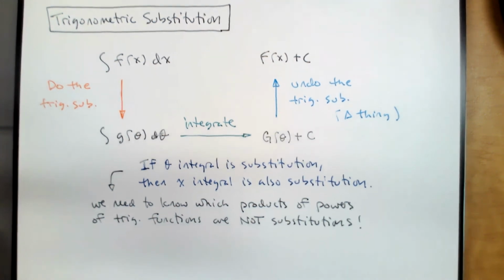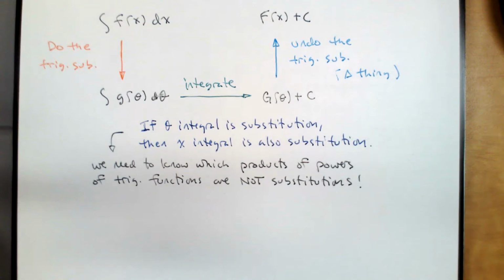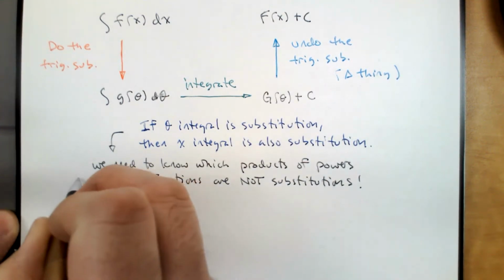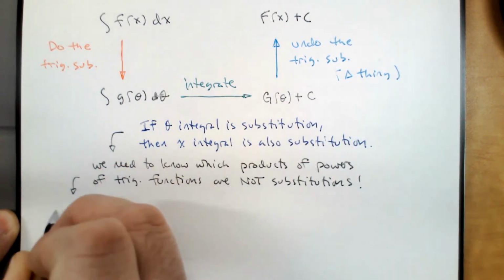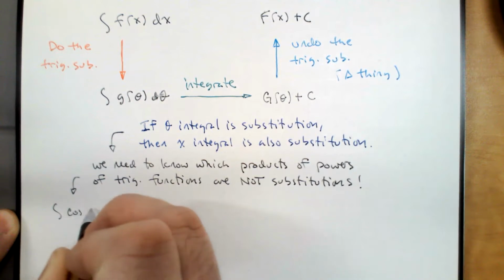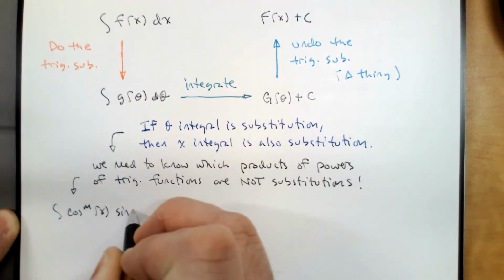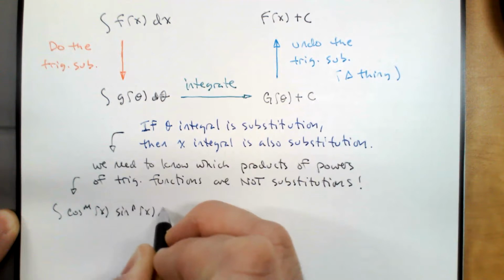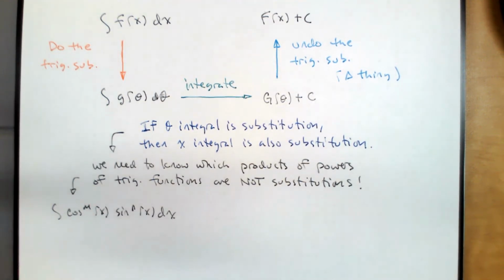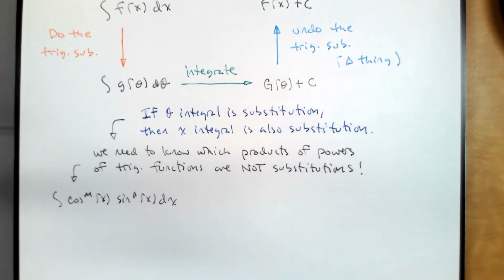To that end, we've already solved the sines and cosines. If m or n is odd, then that one is your dw. If m is odd, cosine is your dw. If n is odd, then sine is your dw.